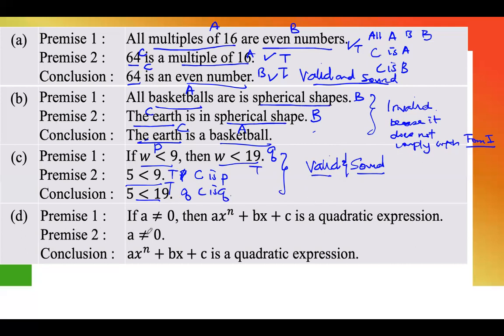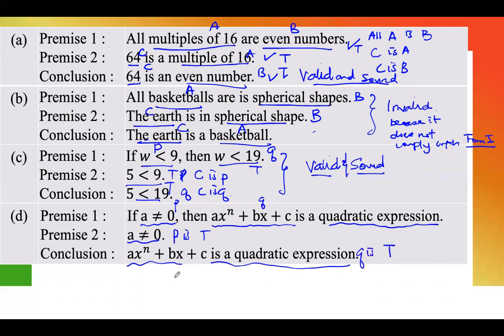Then we go to the next one. Premise 1: if A not equal to 0, then ax^n + bx + c is a quadratic expression. Okay. So if A not equal to 0, then this one is a quadratic expression. So we can see here this is P, this is Q. P is true, Q is true. So this is valid. Why valid? It complies with form number 2 or type number 2.